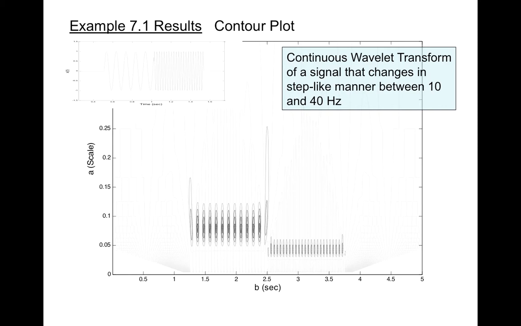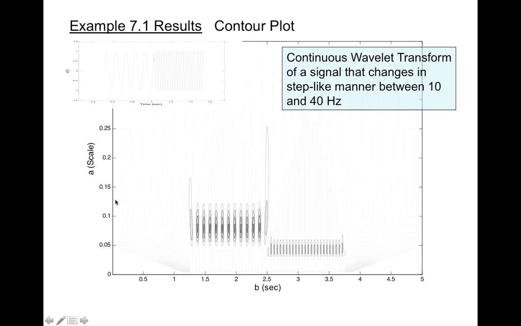because remember when we scale that for the wavelet, you have to be really careful here because you notice our time scale runs from 0 to 5 here in seconds, and our time scale here runs from 0 to 1. So what you get out is not necessarily a one-to-one correlation with the time.